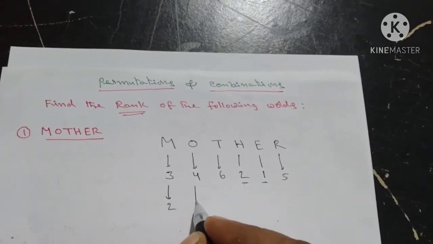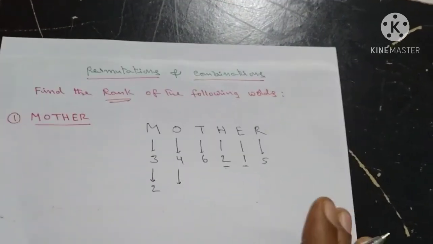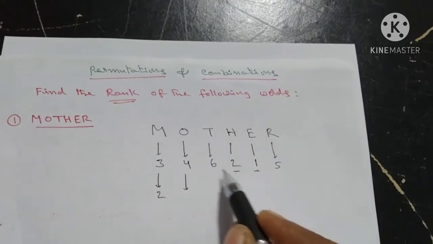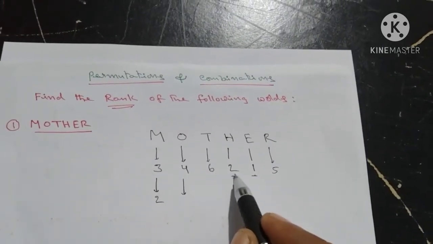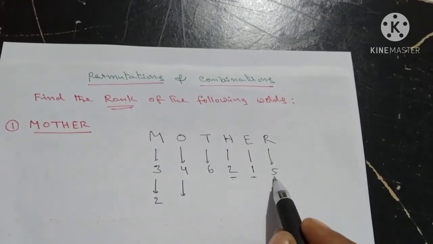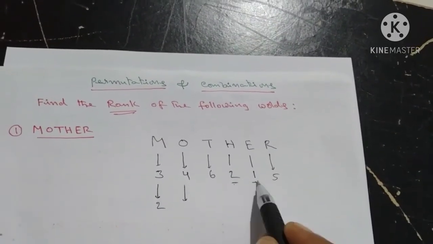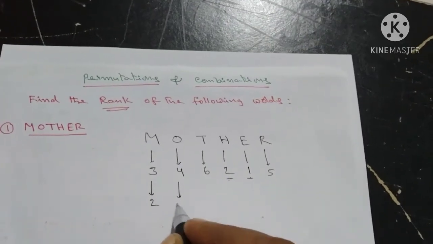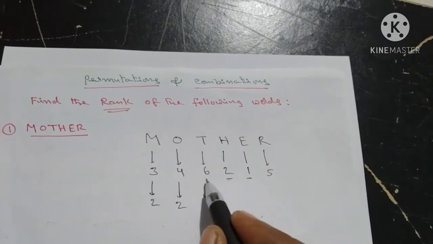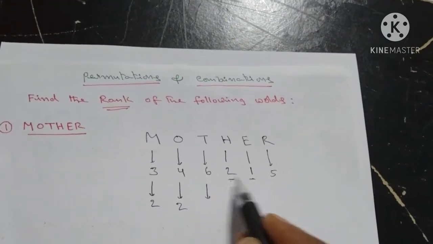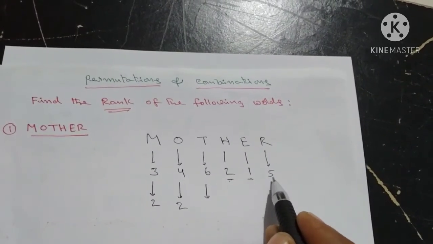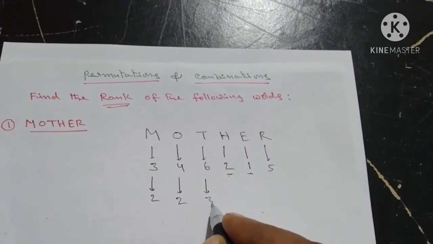Now for 4, the number of lesser values of 4 on the right side of 4. 6 is a greater value, 2 is less, 1 is less, 5 is a greater value. So the number of lesser values is 2. Now 6. How many lesser values to the right side of 6? 1, 2, 3. 3 lesser values.